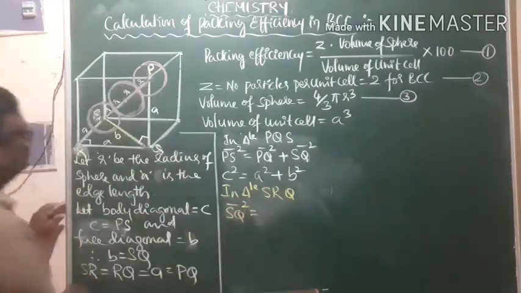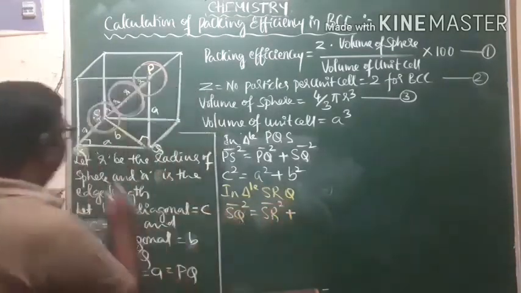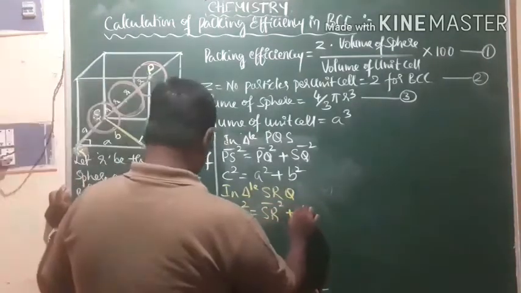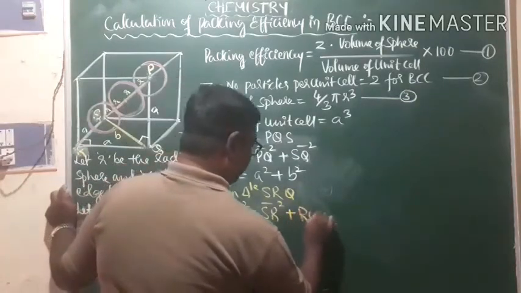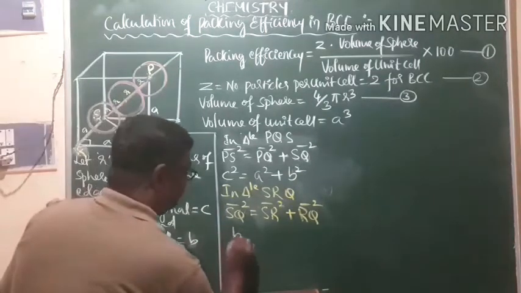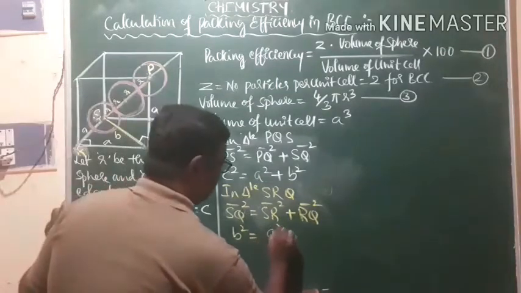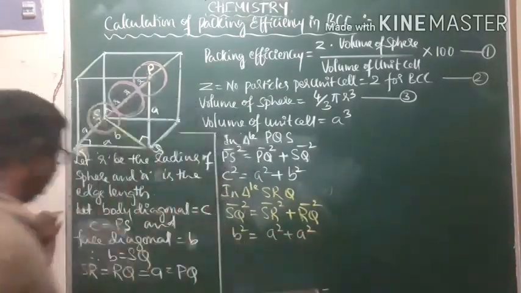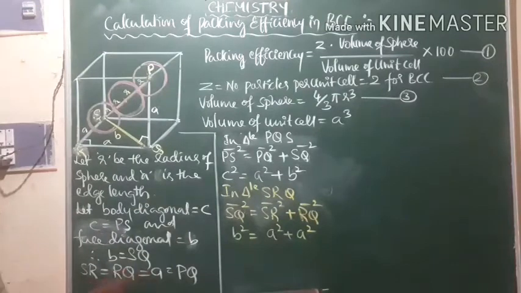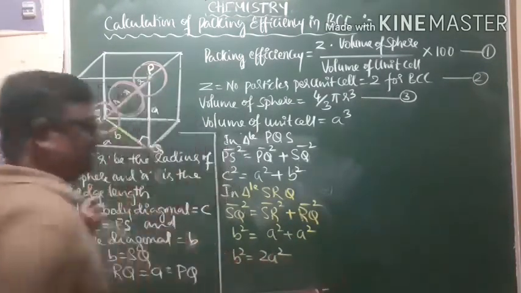S cube square is equal to SR square plus R cube square. S cube square is B square, SR square is A square, and R cube square is A square. SR is equal to R cube, which is equal to A. Therefore, B square is equal to 2A square.